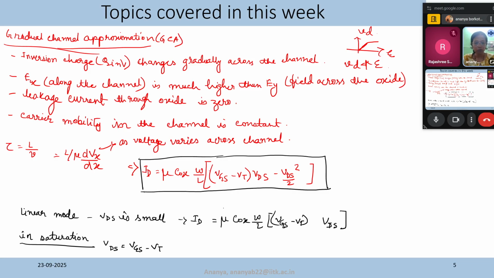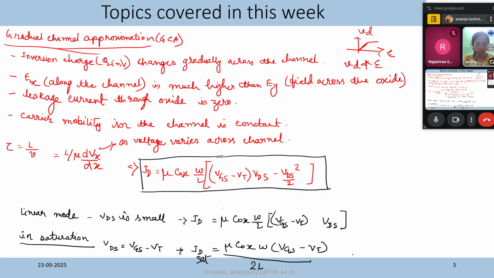If we use this saturation VDS value in this expression, we will get ID saturation. This is constant, it does not vary with respect to VDS. It may vary with VGS, the gate voltage. Mu Cox W by L into VGS minus VT whole square by 2. So this 2 is different, remember this.